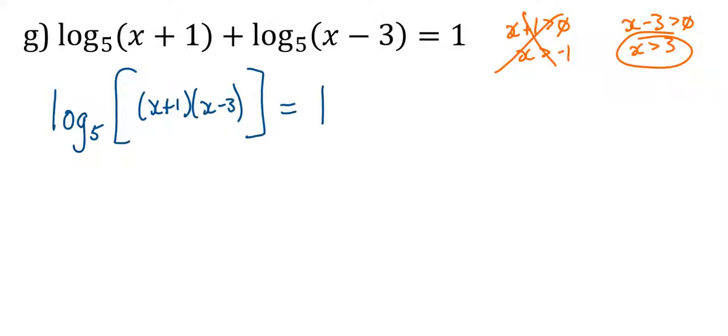And then I'm going to rewrite this in exponential form. Now, this is one that some people have trouble with. So let's see if we can make sense of this. Because it's going to look like this.